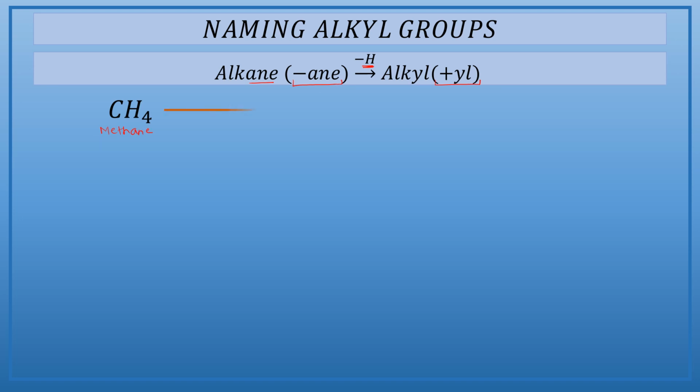So when we remove one hydrogen from methane, it will give us a group CH3, and one valency of the carbon will become free. Then this valency will be used by the methyl group in order to be connected to some parent chain. So the name of this group will change from methane to methyl.